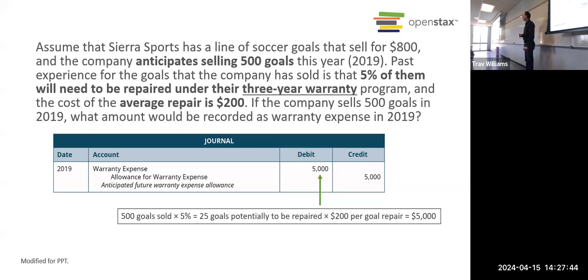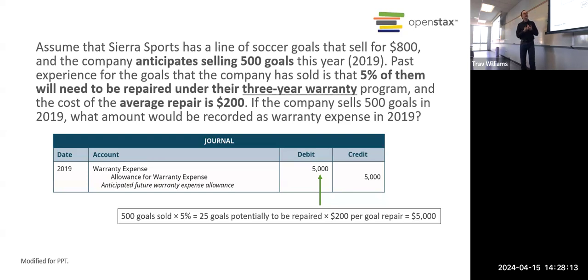Does that remind you of anything? Remember we had allowance for doubtful accounts, right? When we had to do our bad debt estimates. I think we covered that already, right? Yeah, okay. Same idea. That allowed us to count our bad debt expense in the year that our customers owed us the money, even if we weren't expecting to collect it until the next year.